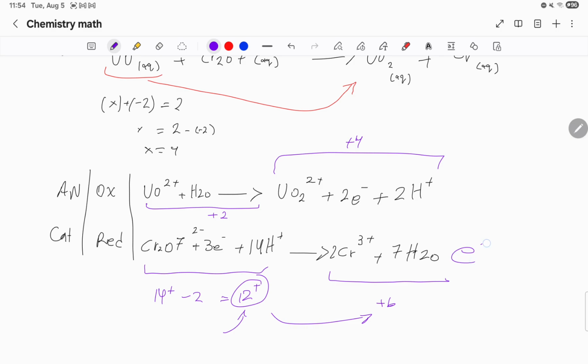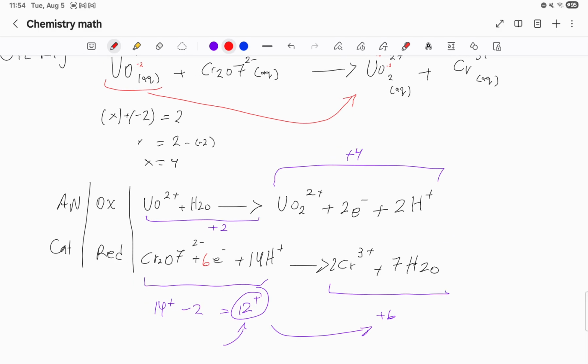I can't add an electron here because it's a reduction half reaction. The electron must be here. So instead of adding 3 electrons, I will add 6 electrons, because 12 minus 6 is 6. That's what I will do.